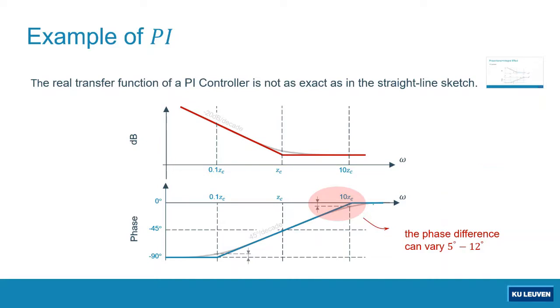The phase value at 1 decade above the corner frequency apparently will be slightly below the 0 degree line. It won't be equal to 0 degree. It will probably be between -5 degrees to -12 degrees. This will bring a serious implication.